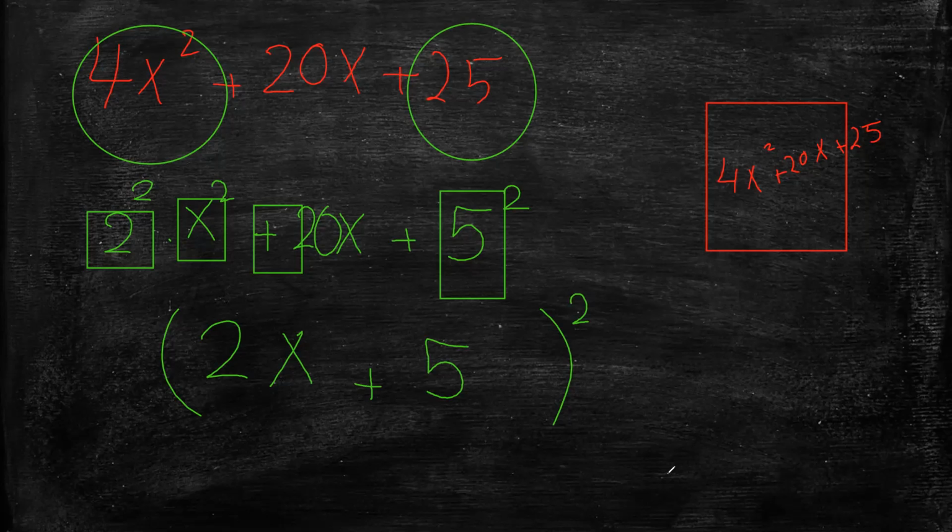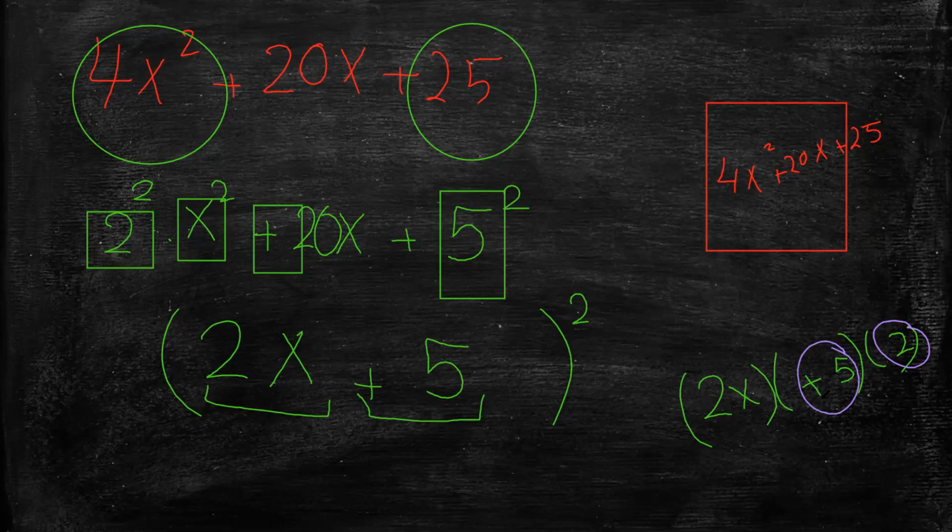Then at the second step, let's multiply 2x times plus 5 times 2. What do we have to do? 2 times 5, 10. 10 times 2, 20. 20x. Is it the same as the middle term?